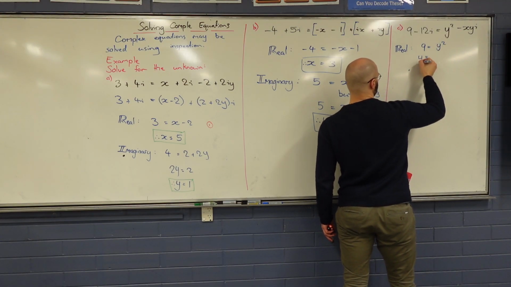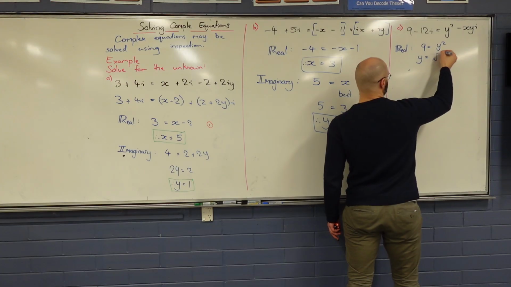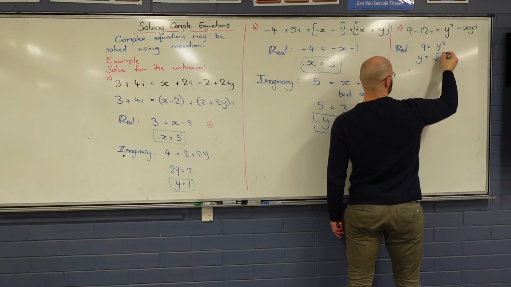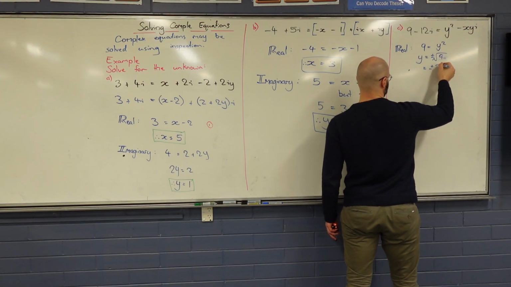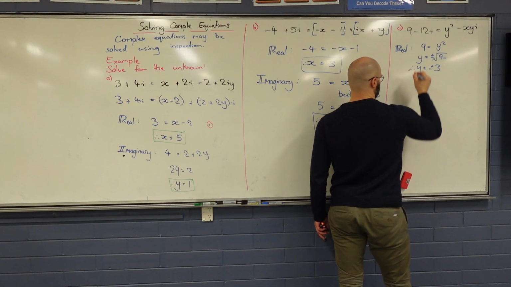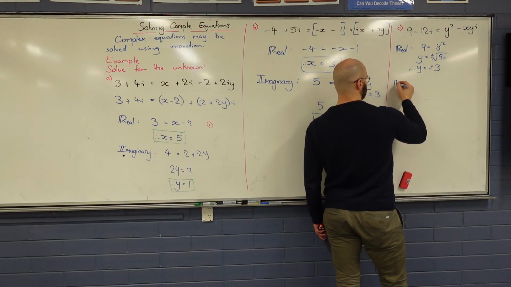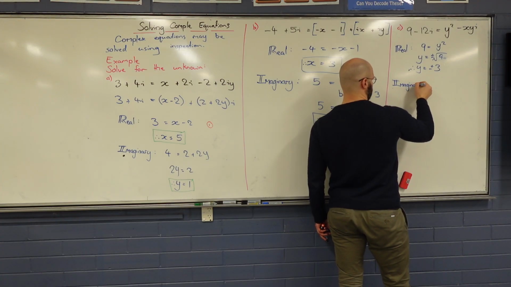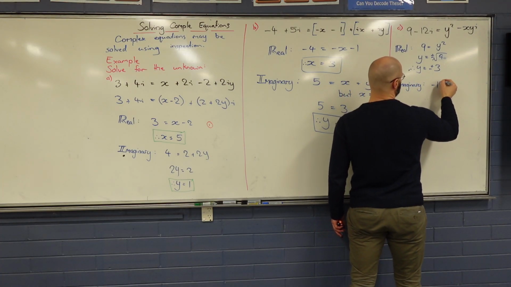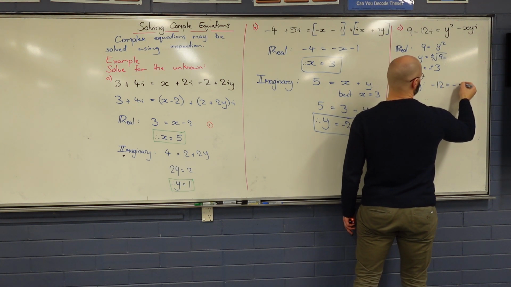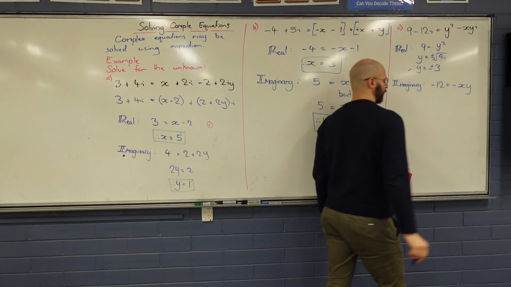Hence our y is going to be what? Plus or minus root 9, so plus or minus 3. What about our imaginary? Negative 12 equals negative x times y.